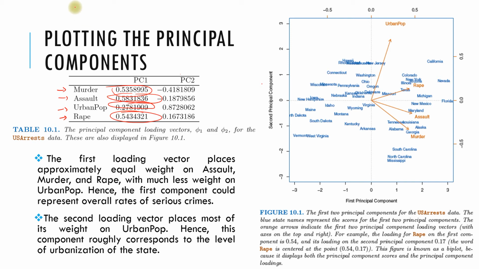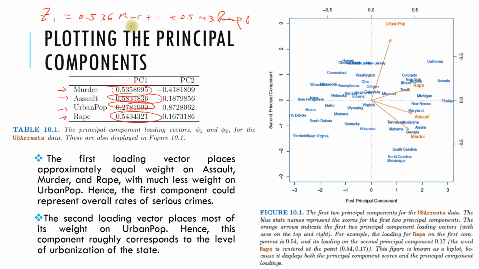It's like we are saying that Z1 equals 0.536 of murder plus, and so on, of rape. So what is happening here?